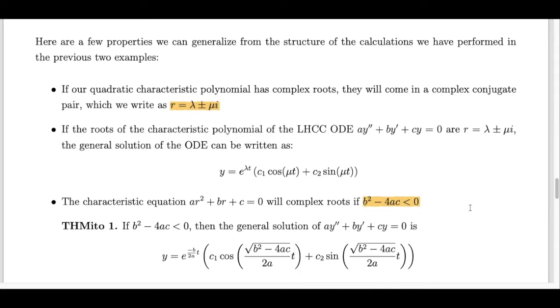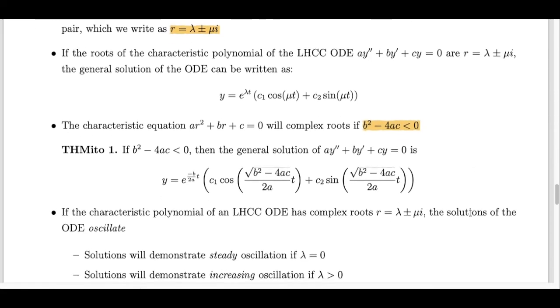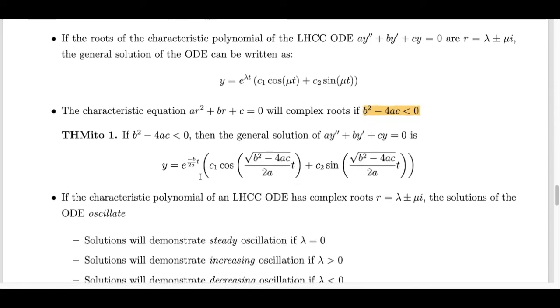And then I've added as a small theorem a version of our general solution, which is directly in terms of the coefficients a, b, and c. If you look back, we wrote this previously in terms of lambda and mu, but if you look at the structure of the quadratic formula, we can identify exactly what lambda and mu are in terms of the values of the coefficients a, b, and c.